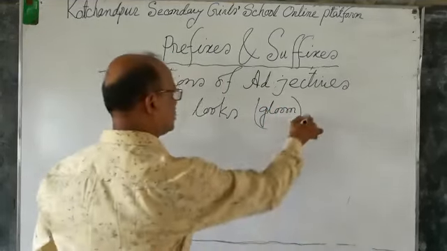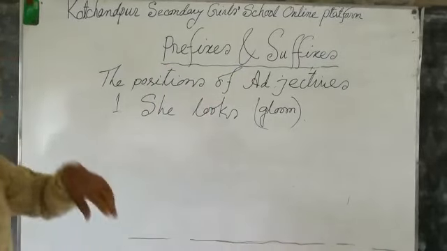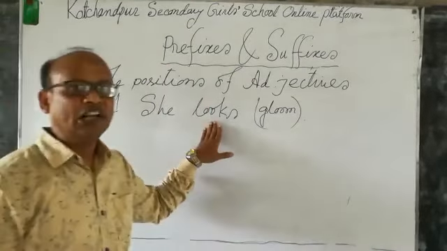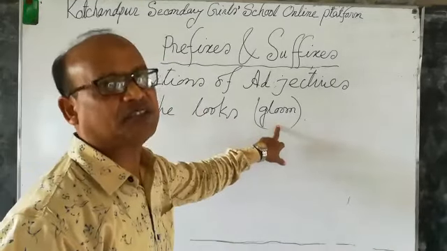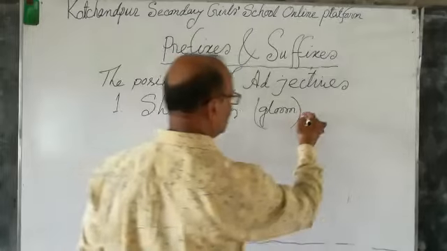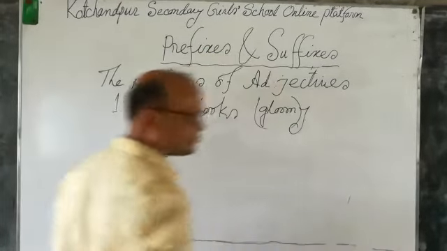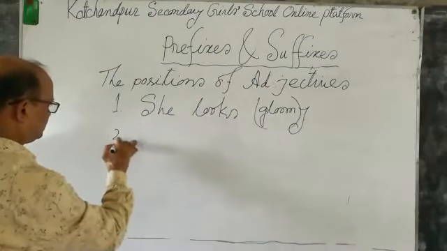She looks gloom. Here, after linking verb, adjectives are used. So here, gloom will be gloomy. Okay? Number two.